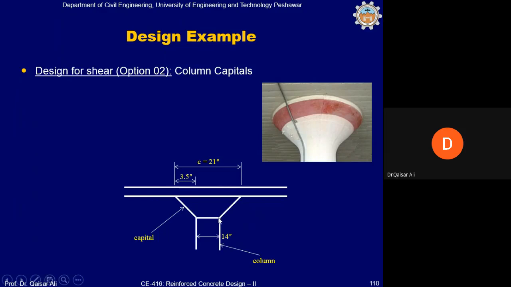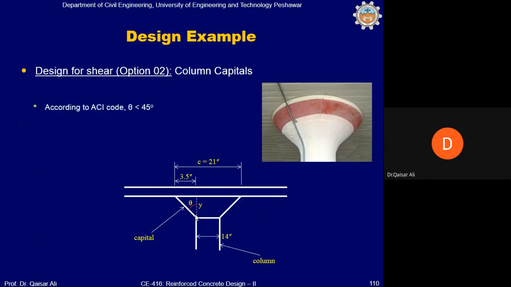Then the portion from where the column capital is to be provided will be calculated from the angle, and you know that the angle allowed as per ACI code is 45. The maximum angle is 45 degree. It can be less than this, but cannot be more than this. So this depth y of the column capital can be calculated from this.